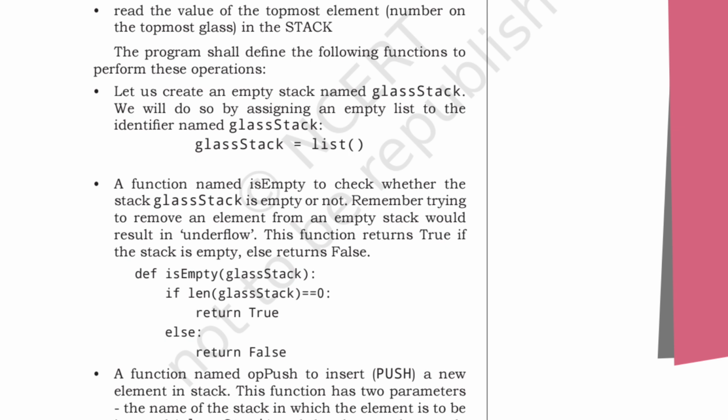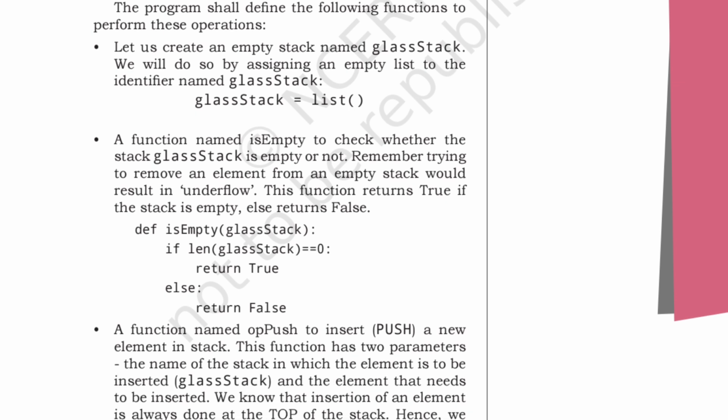So def isEmpty(glassStack): if the length of glassStack is equal to 0, return True, else return False. So this is the code.